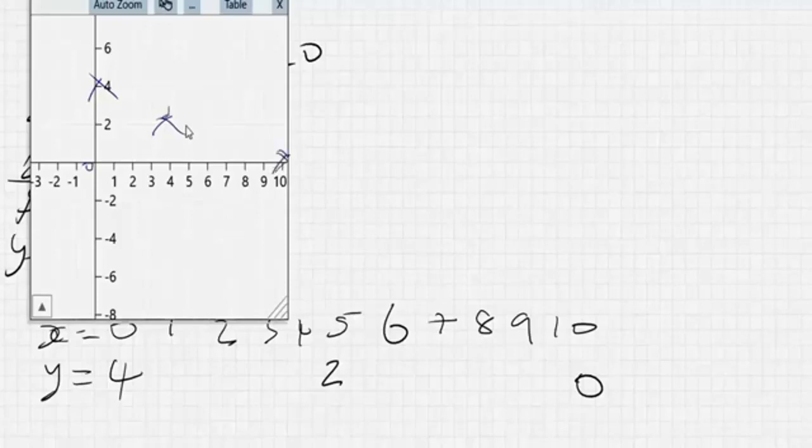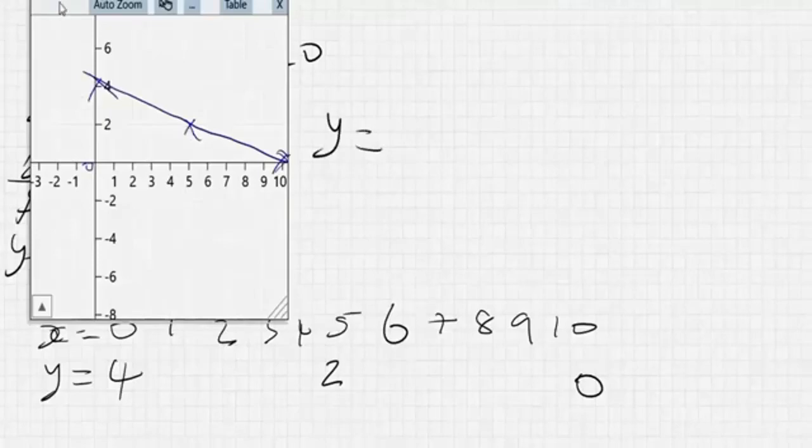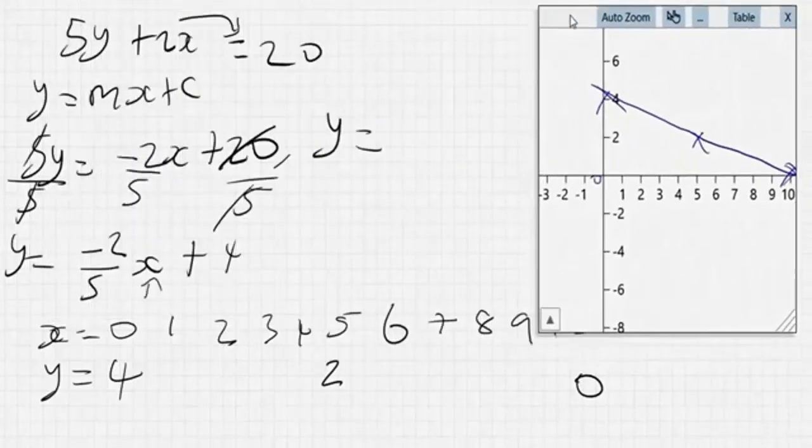When you connect the points, this is how you're going to do it. That's it for this problem. Remember, we have the graph to be y equals negative 2 over 5 x plus 4.